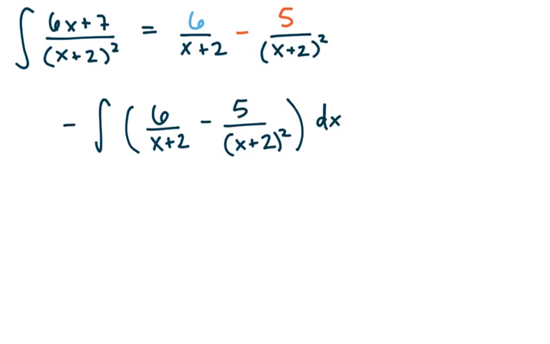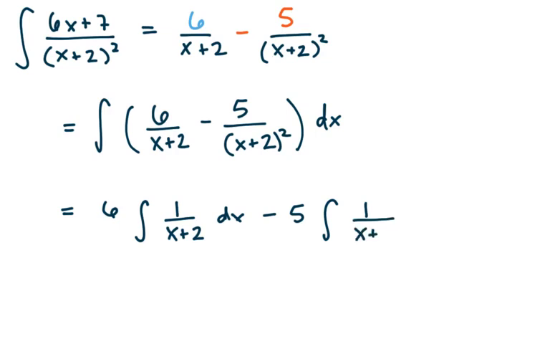And since we know that the integral of the sum is the sum of the integrals, I can rewrite this, and again factoring out those coefficients, the integral of 1 over x plus 2 dx minus 5 times the integral of 1 over x plus 2 squared dx.